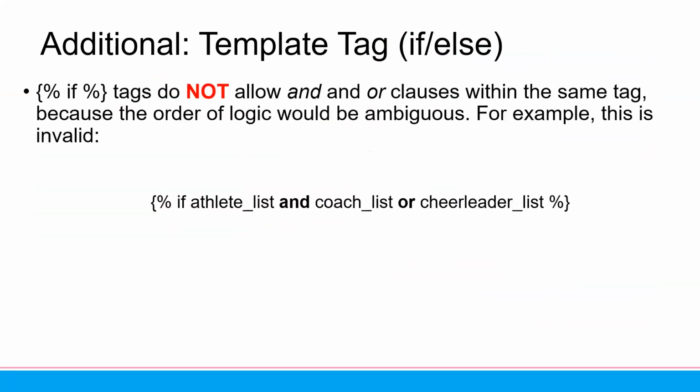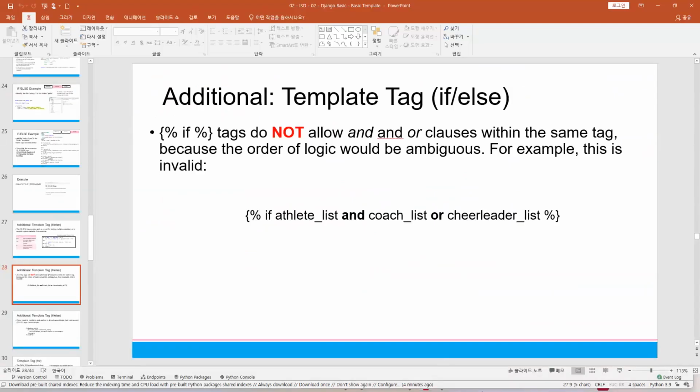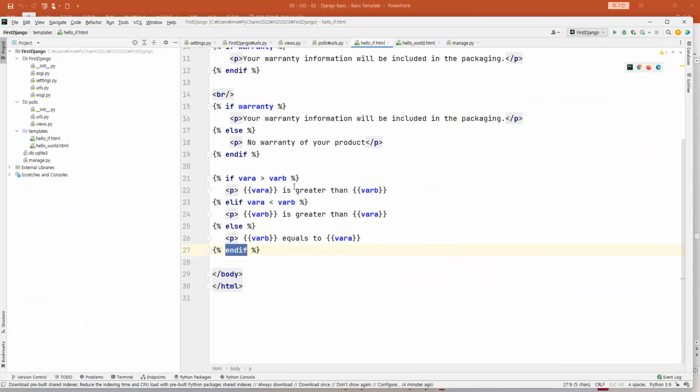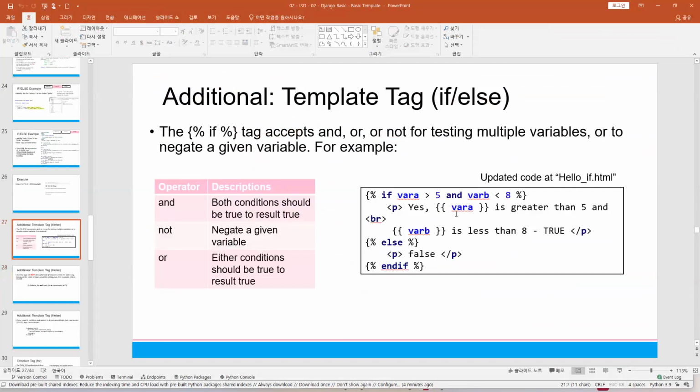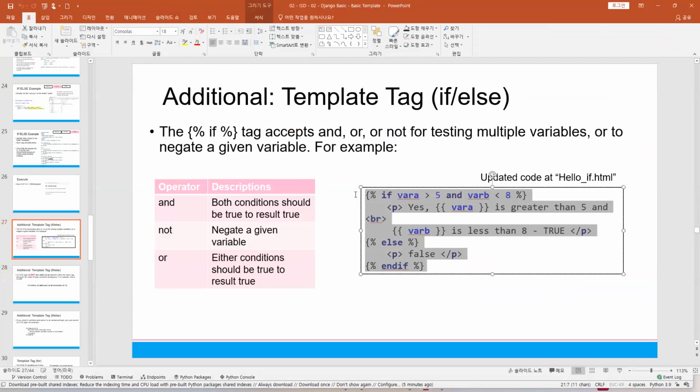So we have the conditional like this one, var A is greater than var B. Okay. So we can create another condition like this one. Let me make an additional statement.